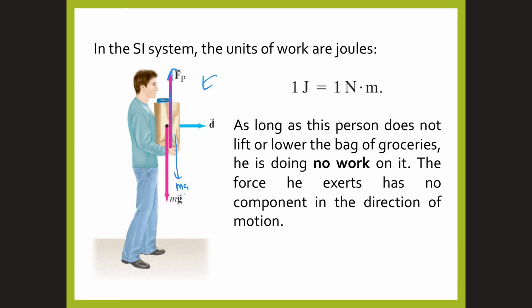The reason there's no work done is because the angle between D and FP is 90 degrees. So when you put it inside your formula, FD cos is going to be cos 90 degrees. Same goes for the mg. So this person basically doesn't do any work.